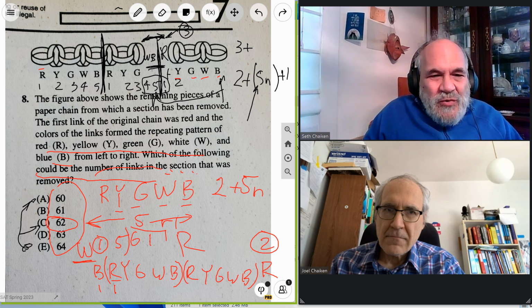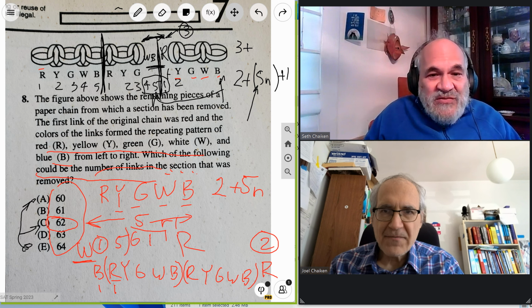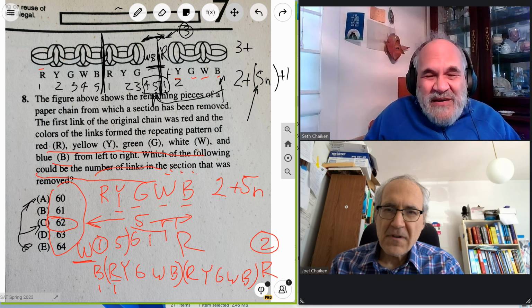So after the blue there must be a red, right? And then after the red, it has to end in a red. So that's why I put an R here.